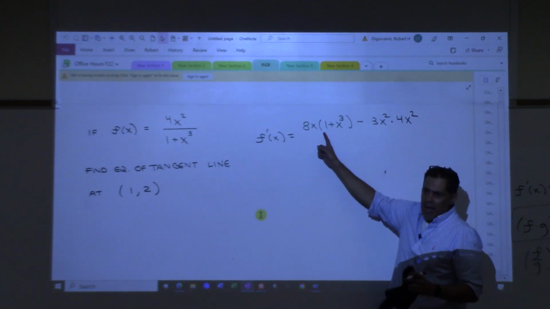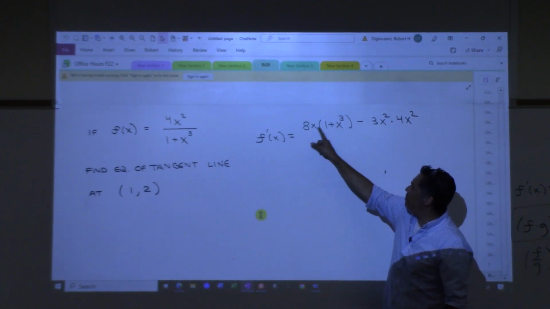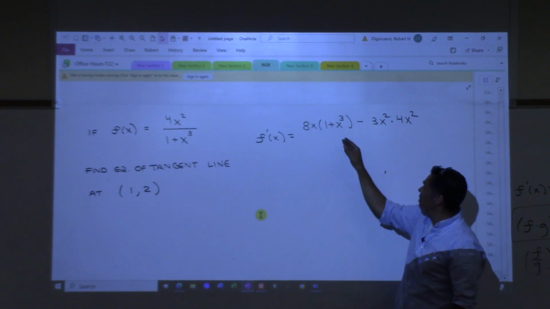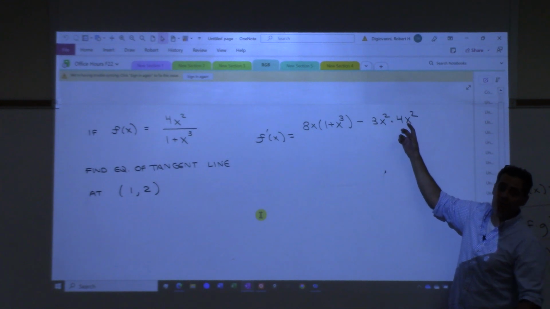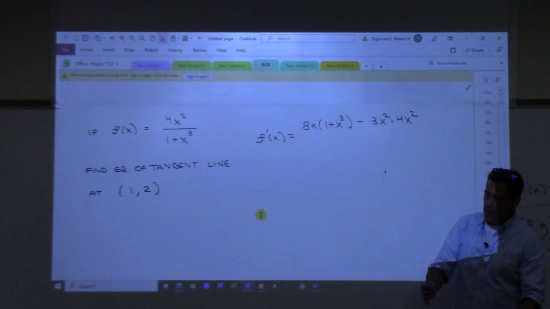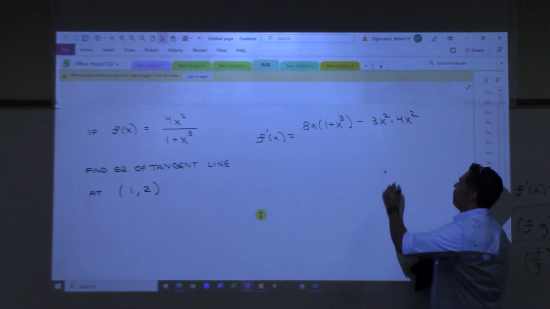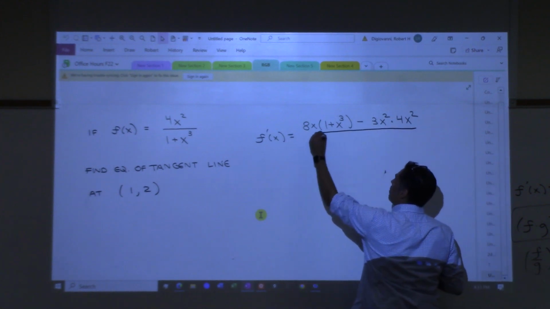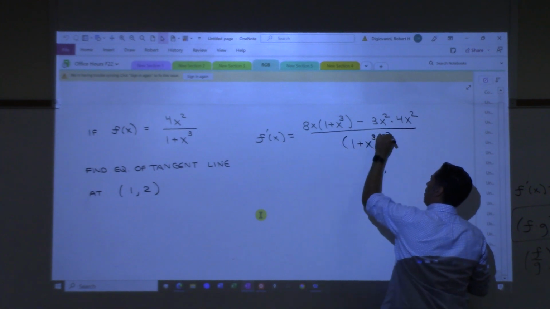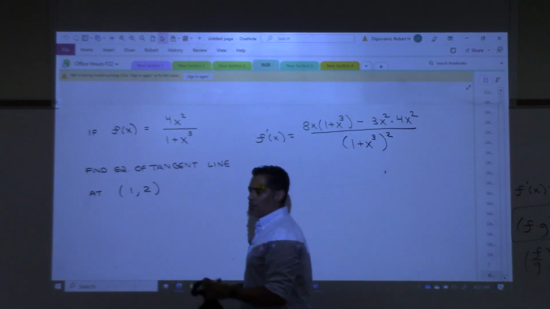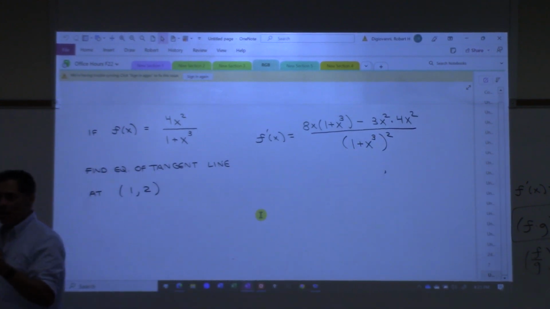I had to do that because this is two terms, and if I multiply these, the 8x has to distribute. Here there are no additions and subtractions, so there's no distribution, so no parentheses are necessary. I could put parentheses, but it's overkill. All over the bottom, squared.